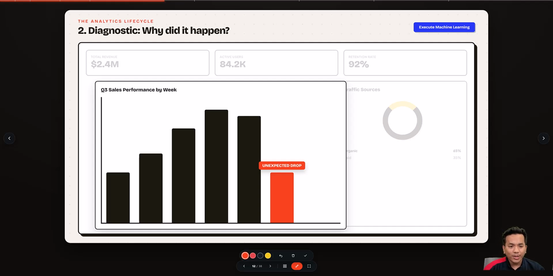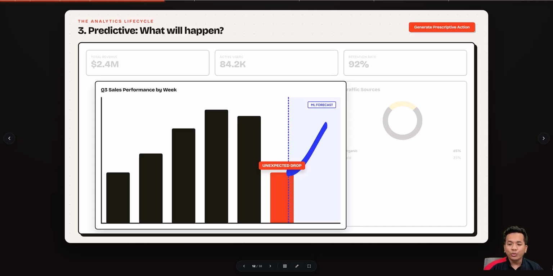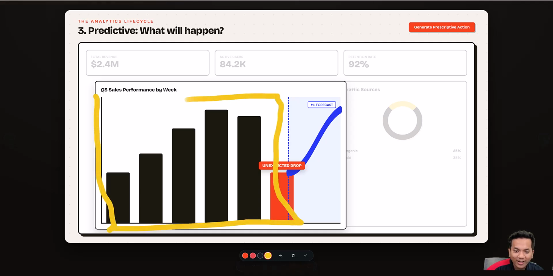Now the next one is predictive analytics. How predictive analytics works is you do forecasting, which is predicting the future based on the historical data. In these cases, because we just wanted labeling, this one in yellow over here is historical data.